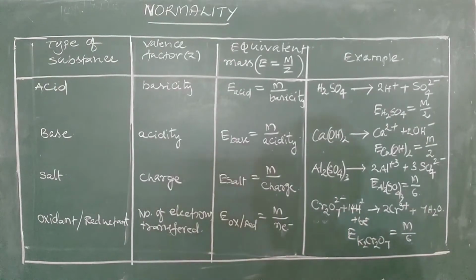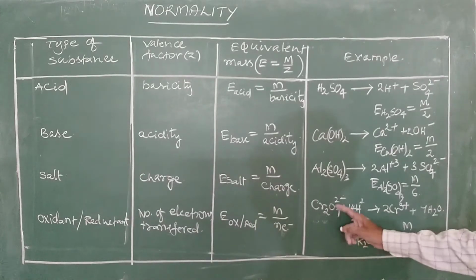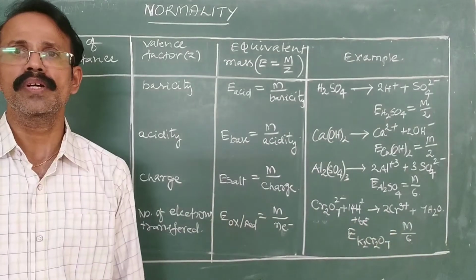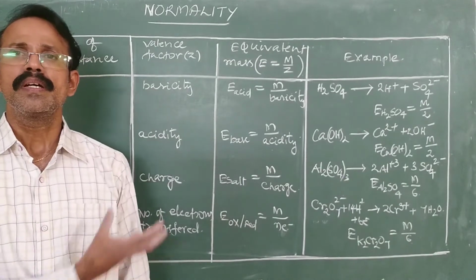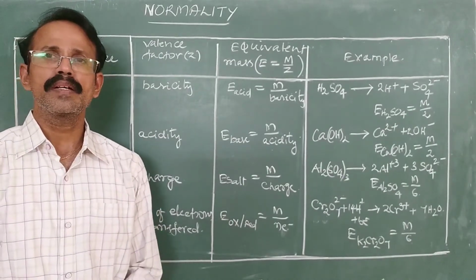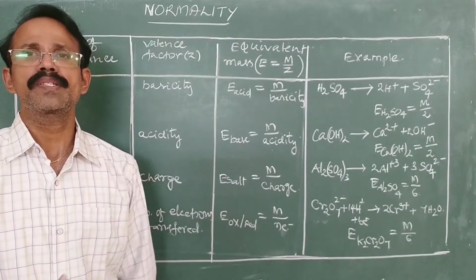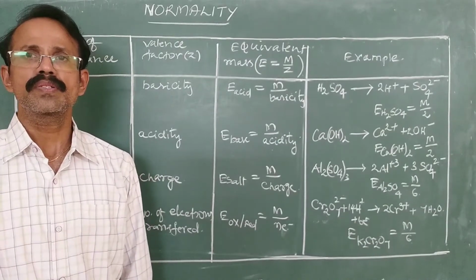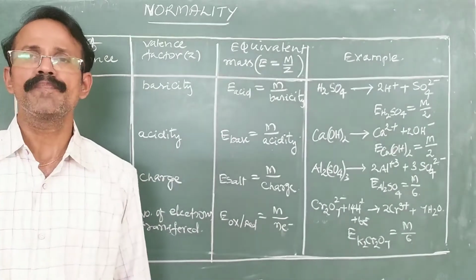The equivalent mass of potassium dichromate is the molecular mass divided by 6, the number of electrons gained by one molecule or one dichromate ion. Like this, equivalent mass is calculated for different substances like acids, bases, salts, and oxidizing and reducing agents.